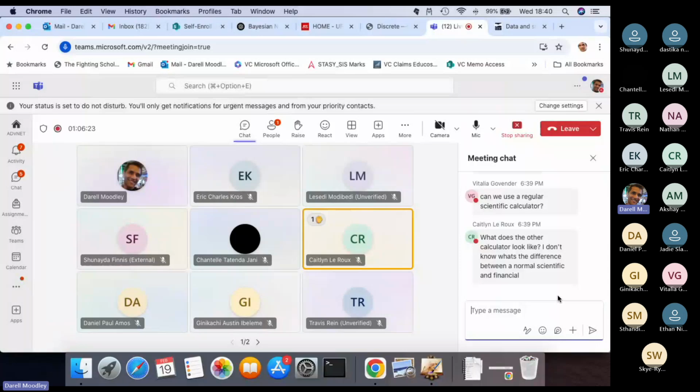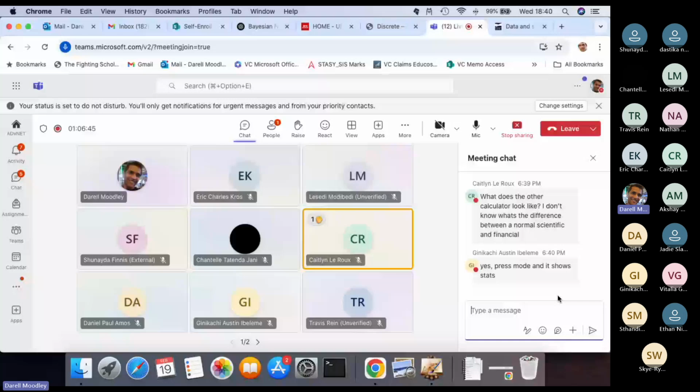Don't get confused with the financial calculator. A financial calculator is different; it enables you to work out present values and different kinds of things. We're not going to go into that. The stats calculator doesn't have that function, but it does have a designated stats mode.